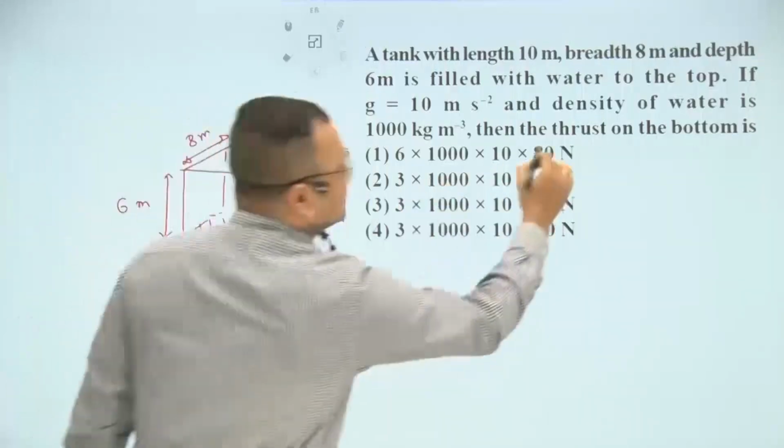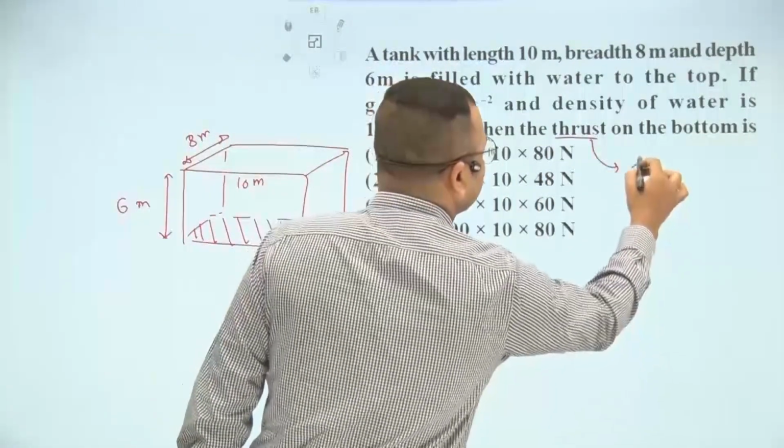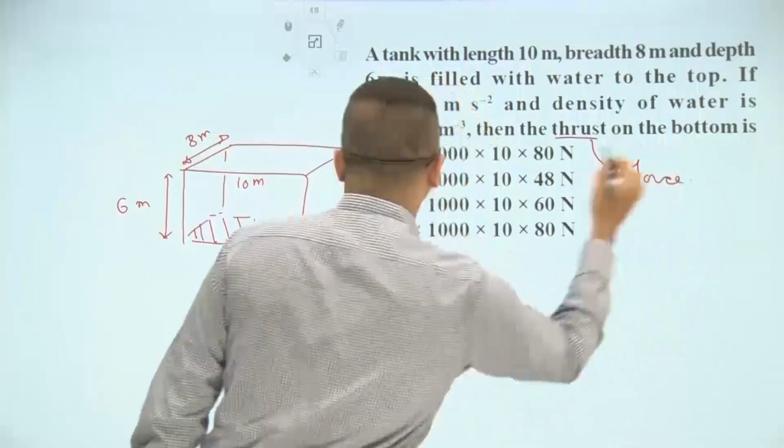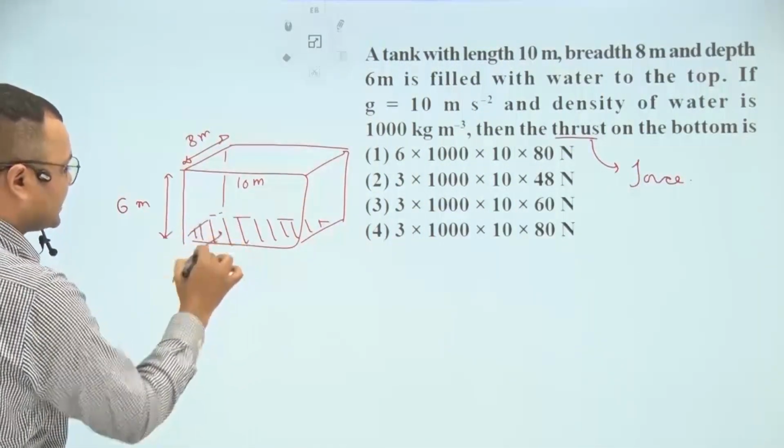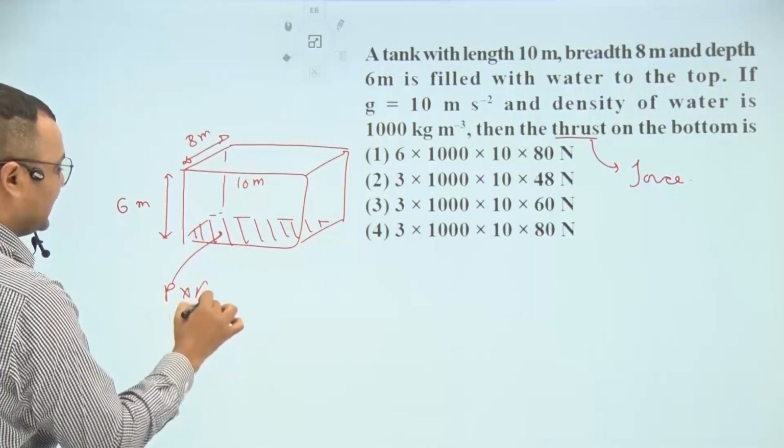Now thrust is force, the force on this surface. So force will be equal to pressure into area.